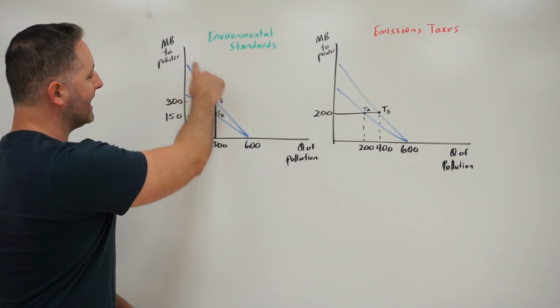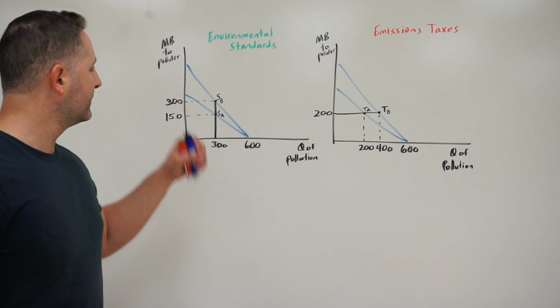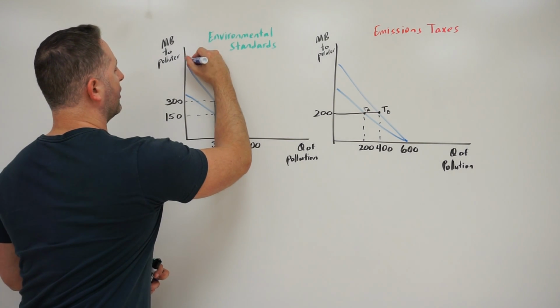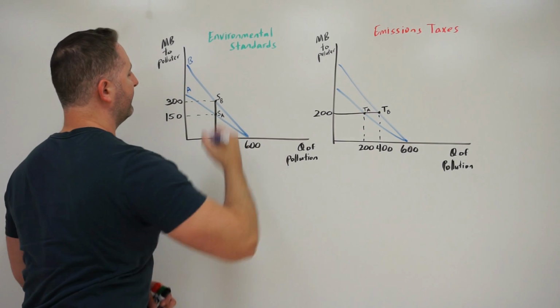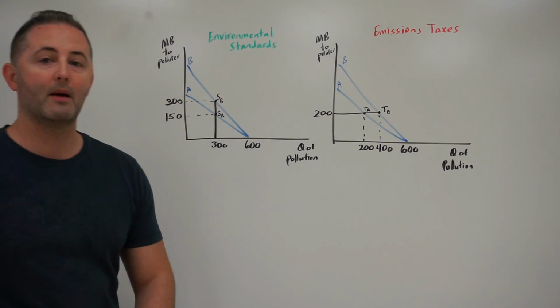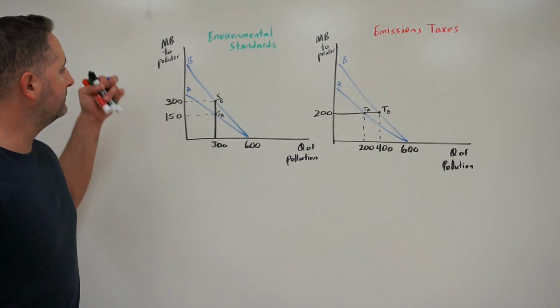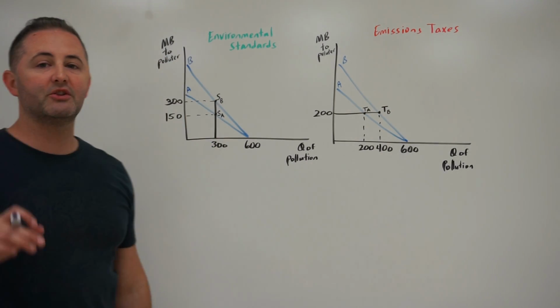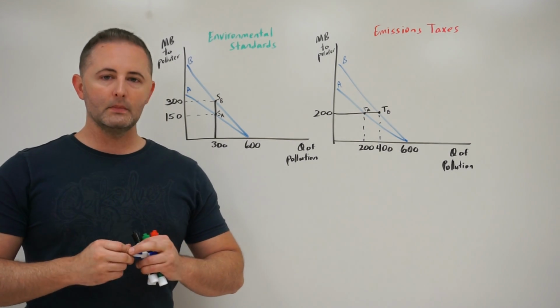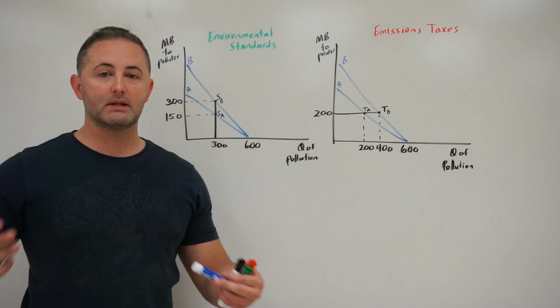So if we look at these downward sloping curves, essentially we have two firms, so let me label this a little bit better. This will be firm B, this will be firm A, same thing over here, A and B. Forgot to do that before when I set this up. What this is showing us is each of their marginal benefits. So how much are they going to pollute if left to their own devices and just the market itself?